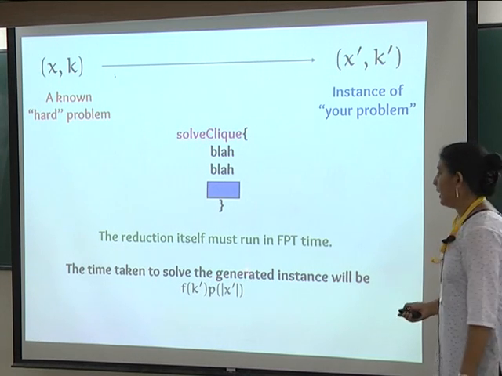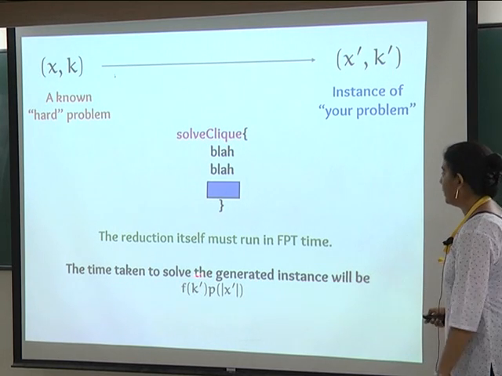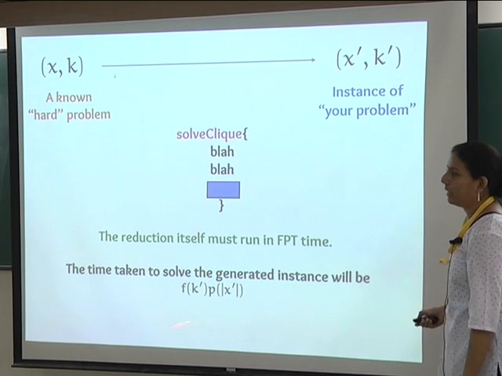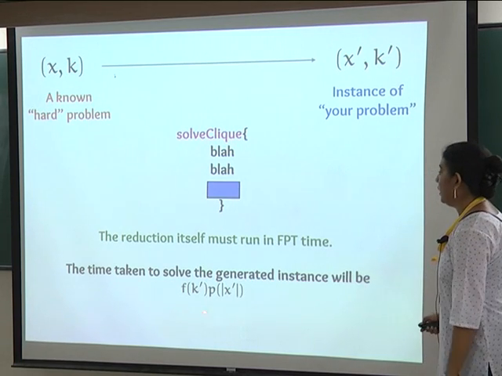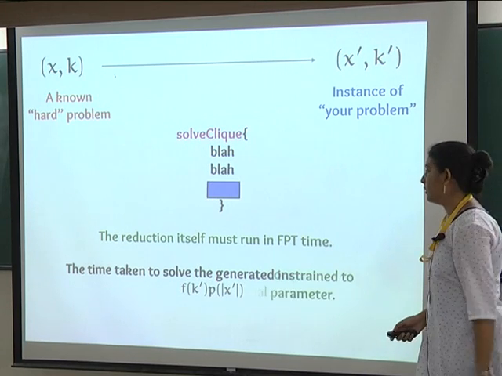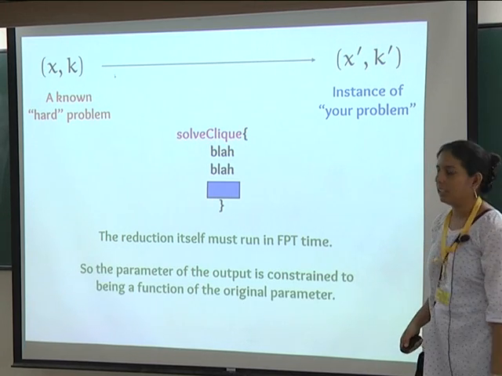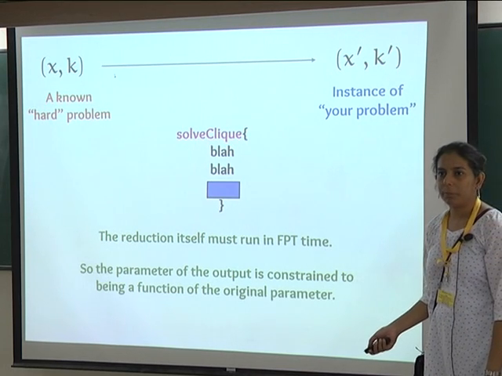Okay? k prime is constrained to be a function of k alone, so that k prime is some g of k, then f of g of k continues to be a pure function of k. Then you get an FPT algorithm for the original problem, and that will finish off your contradiction. So in the definition, we need to have this: the parameter of the output is a function of the parameter of the input.